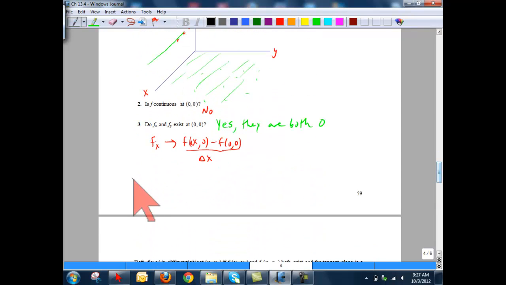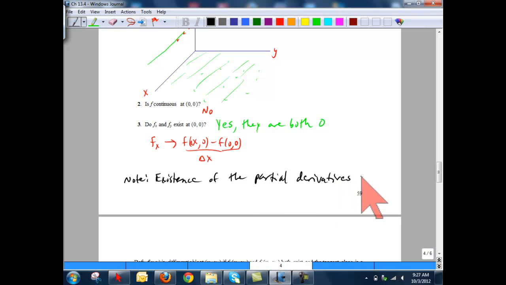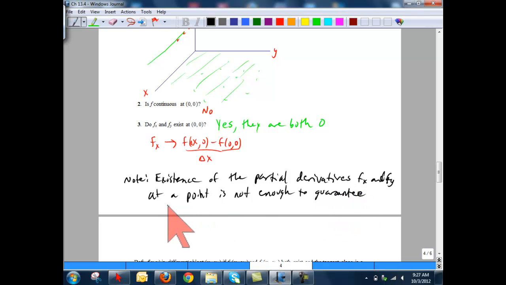What we've commented here is note: existence of the partial derivatives f_x and f_y at a point is not enough to guarantee differentiability and continuity at that point.